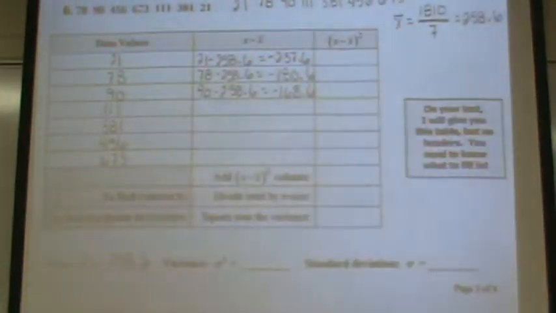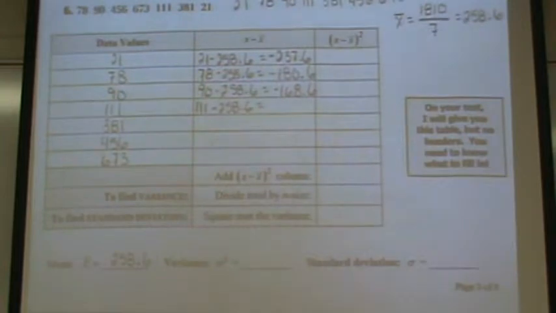Then we have 90 minus 258.6, which gives us a negative 168.6. 111 minus 258.6 is negative 147.6. 381 minus 258.6 gives us a positive 122.4. 456 minus 258.6 gives us a positive 197.4.